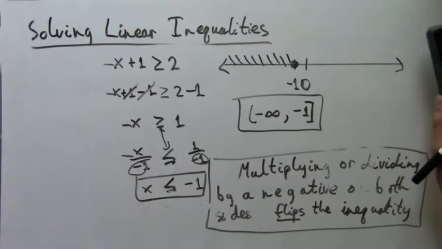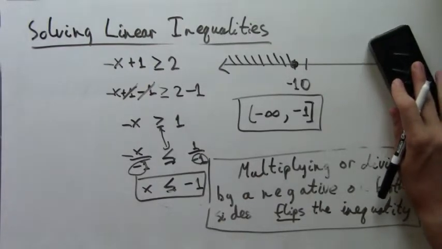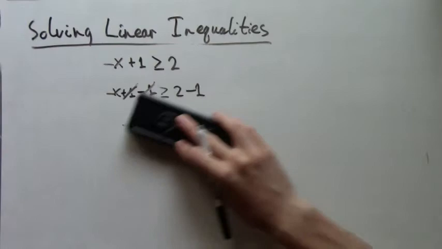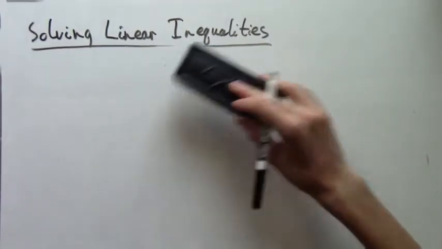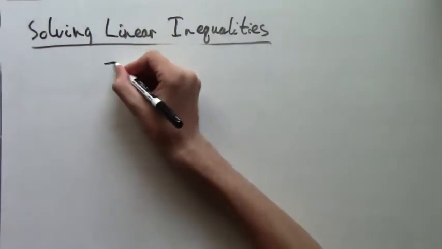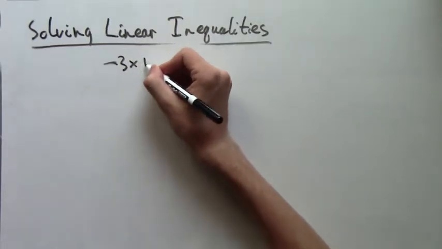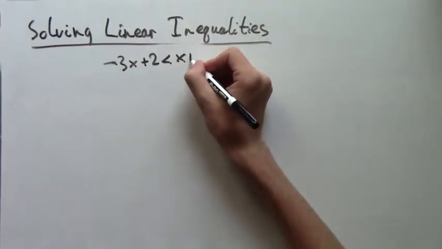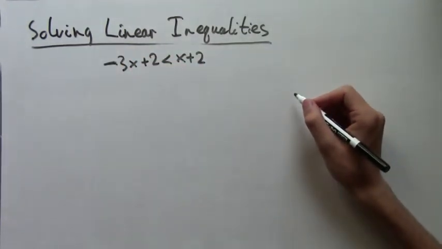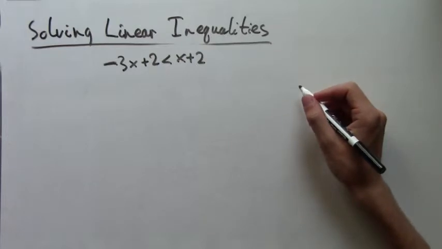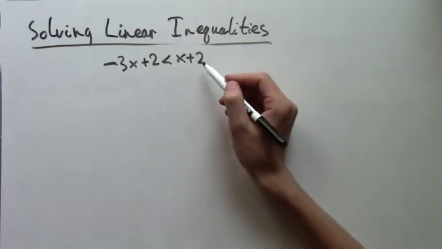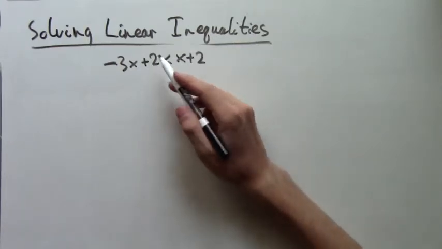So now we'll do one last example to make sure that we understand how to solve linear inequalities. This example will be -3x plus 2 is less than x plus 2. So first, of course, we want to isolate the variable x. So we're going to subtract 2 from both sides of the inequality.